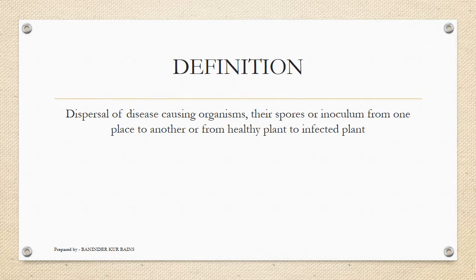When they multiply inside a host, then a number of spores are formed, and the transportation of their spores, the inoculum. It is the amount of the substance which is required for the spread of a disease or for causing a disease. For example, we use a small amount of inoculum for making curd in milk, so that is basically inoculum. So a small amount of substance which contains pathogens or their spores is carried from one place to another, or from healthy plant to the infected plant.